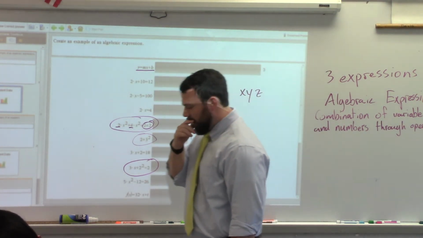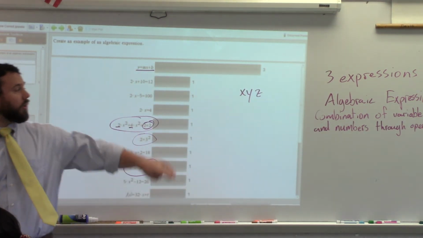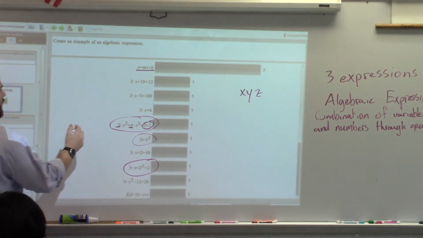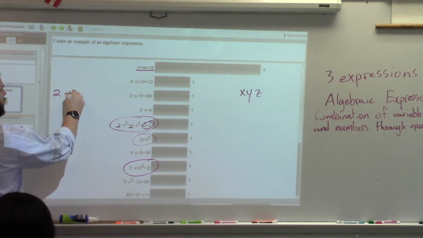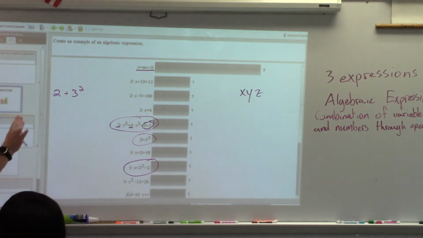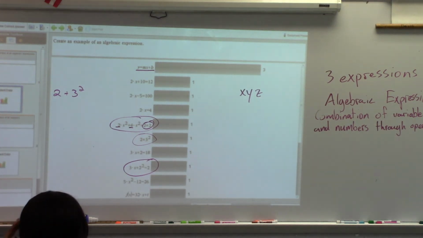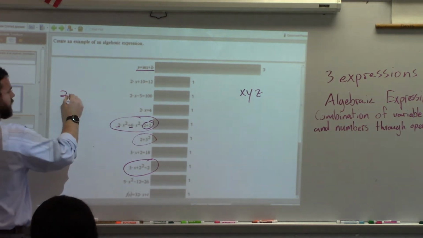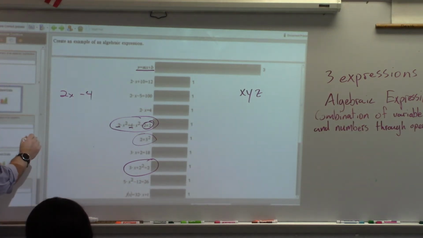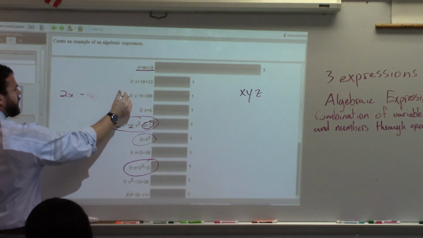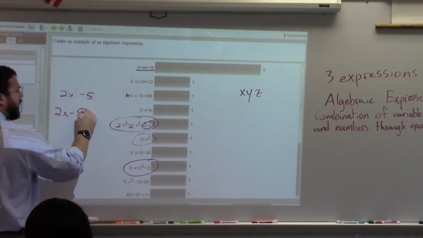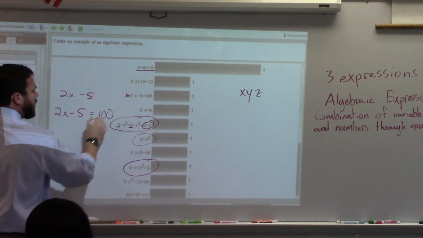Okay? So I'm going to take a brief second, pause from over there to add a little bit more detail and clarification to this. So I want to point out, if I have something like 2 plus 3 squared, right? There's no equal sign. We're all good with the fact that that's an expression, correct? Okay. And actually, let's do 2x minus 5. But if I say 2x minus 5 equals 100, right?